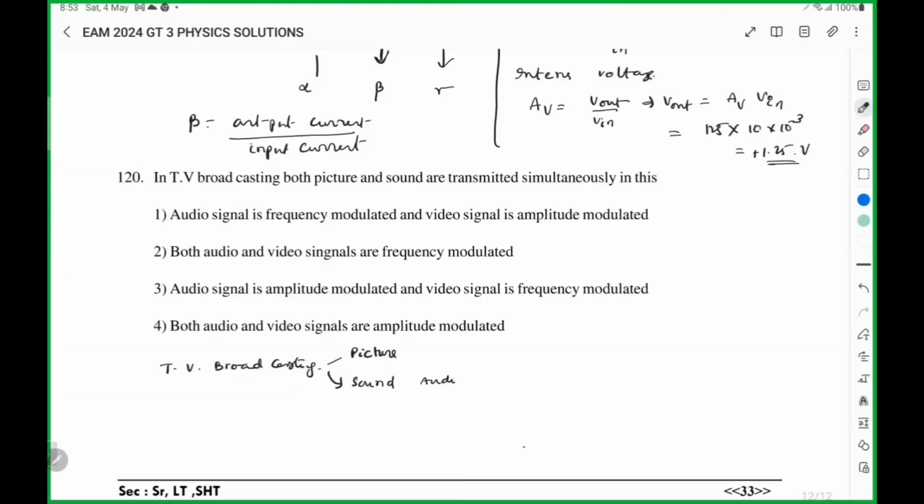That is, the audio and video signal has to be sent to the receiver who is at a larger distance, far distances.